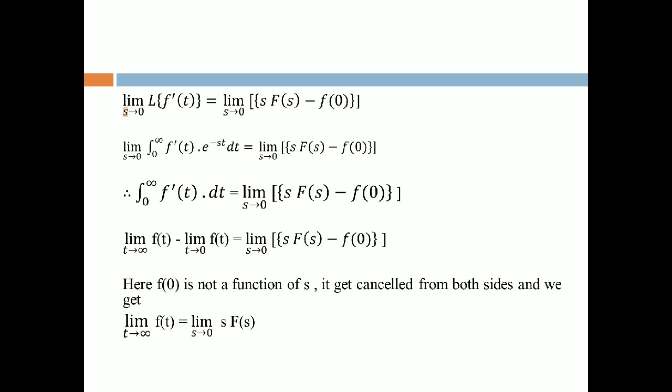Now as s tends to 0, e raised to minus st will become 1. So we get the integral from 0 to infinity of f'(t) dt is equal to limit s tends to 0 of sF(s) minus f(0).